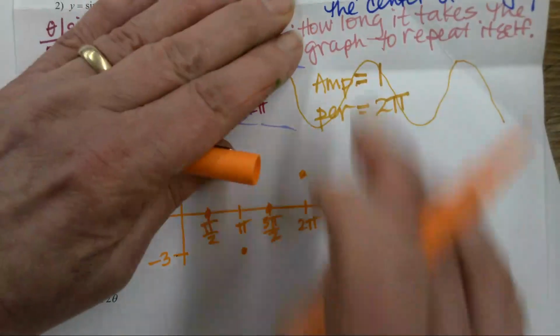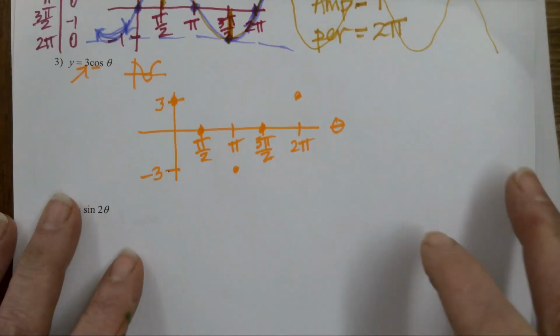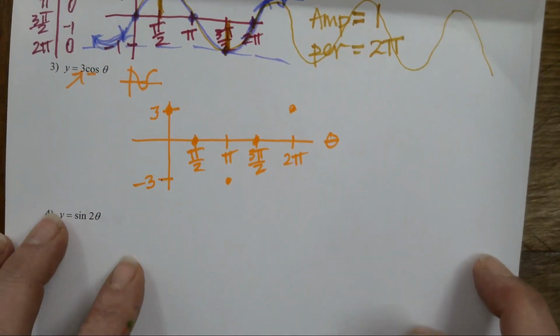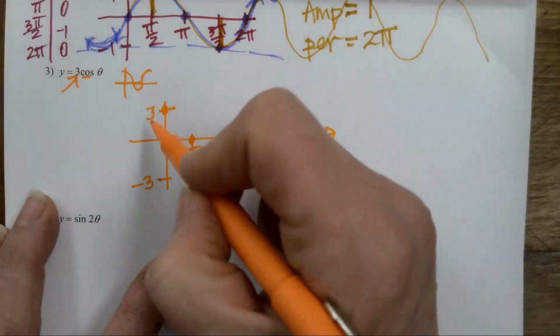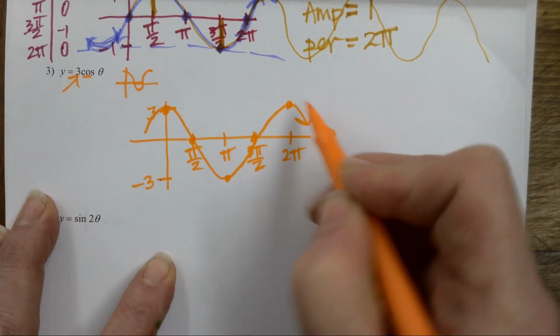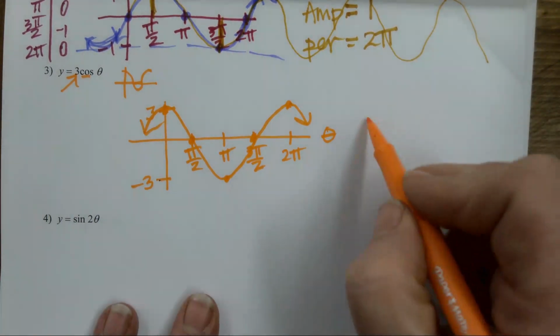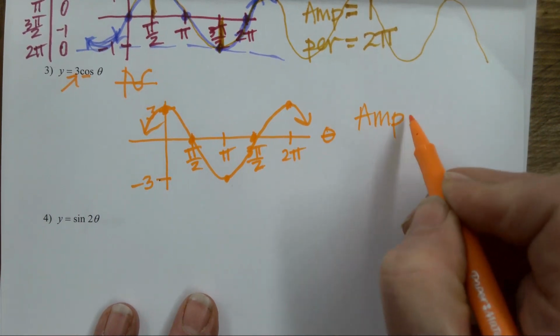So that front number affects my amplitude. So I'll sketch my graph. And my amplitude has changed.